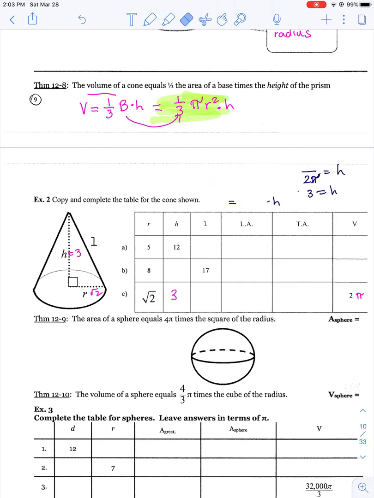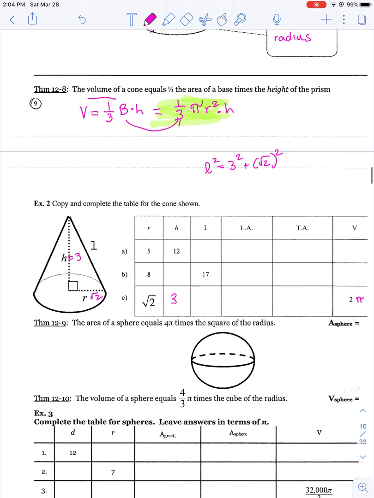So in my Pythagorean theorem, I'm going to go ahead and erase this here. Pythagorean theorem to solve for the missing side length of that triangle, which is the slant height, and we need that information for the lateral area. So L squared is equal to 3 squared plus radical 2 squared. So the hypotenuse squared is equal to the 2 legs squared.